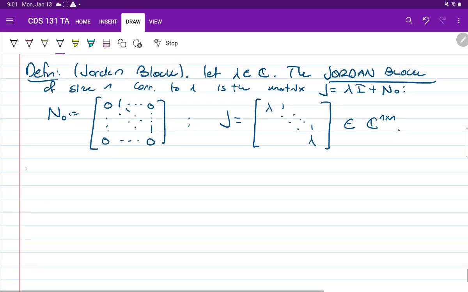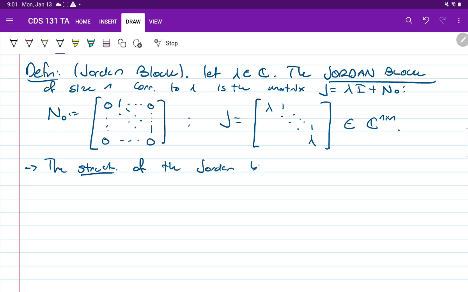Okay, so let me highlight something over here. The structure of the Jordan block as a sum, J equals lambda I plus n naught, makes its exponents easy to compute.